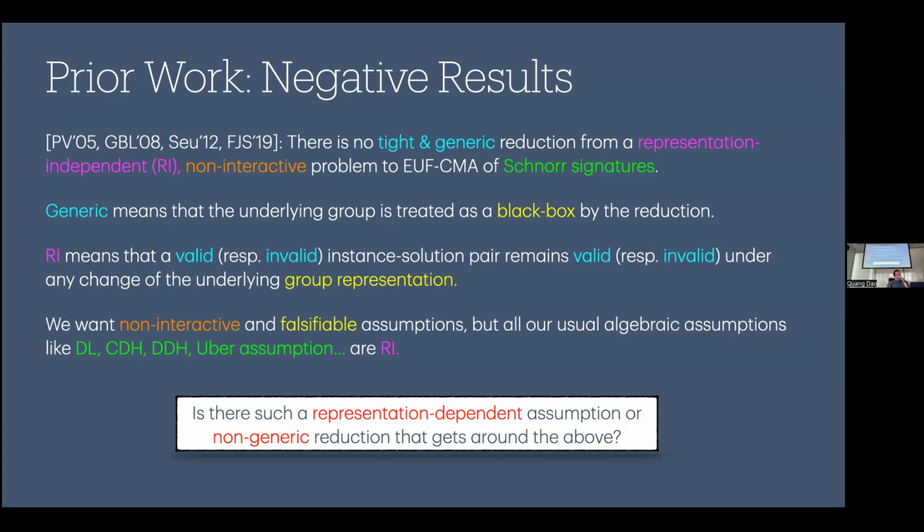So the general question here is whether there is a representation dependent assumption that is non-interactive and falsifiable, or you could use a non-generic reduction. In our result, actually, we do both. It gets around the above. So can you give a tight reduction using either a representation dependent assumption that's still falsifiable and non-interactive, or potentially use a non-generic reduction? Some way we have to get around this result, basically. Is that what inspired this work? Mm-hmm.